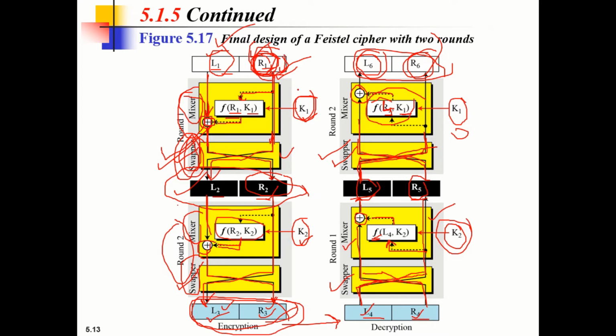But here we are swapping the left and right parts of the message, so we have to check the right part of the message as well, whether they are equivalent or not. So you have to confirm that L1 is equivalent to L6 or not, and R1 is equivalent to R6 or not.